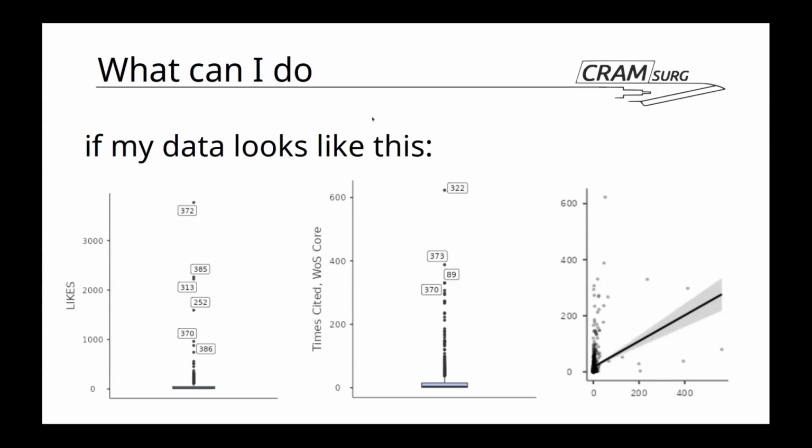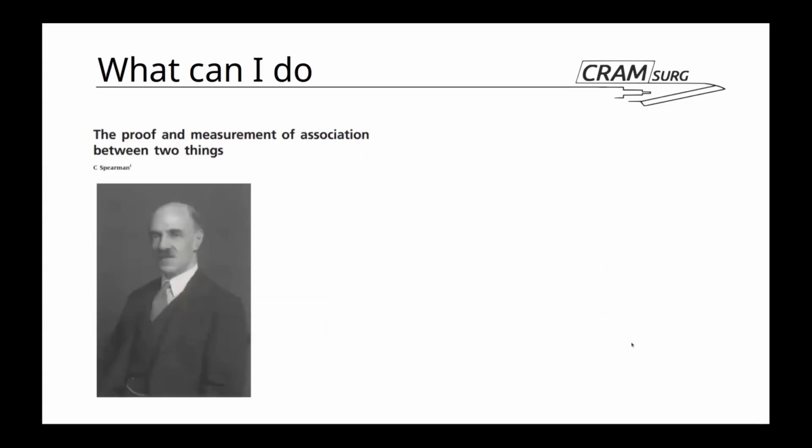And when you try and run a correlation matrix between likes, for example, likes on the Twitter network, and times cited following the publication of the paper in other journals, you realize that your scatter plot just looks awkward. And that's probably because there are a lot of outlying numbers in there.